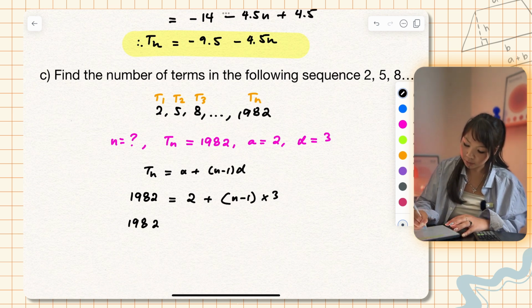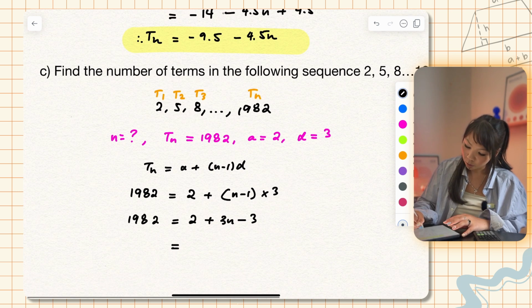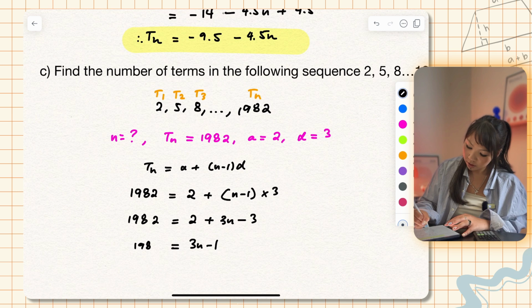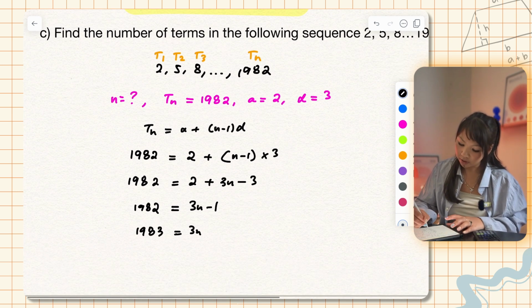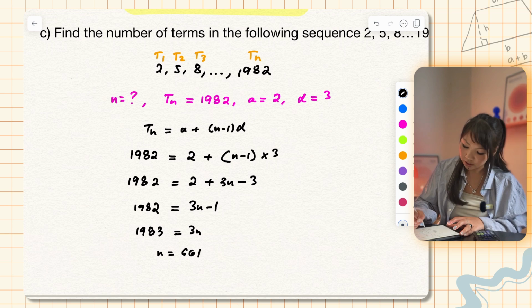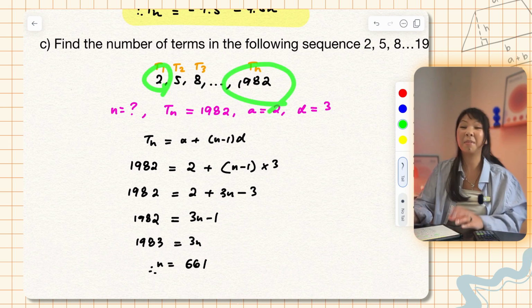Now if we expand this, we get 2 plus 3n minus 3, or we get 3n minus 1. So if I add 1, then divide by 3, we get 661. Now that might seem very large, but honestly, think about it. We started with 2 and we ended up at this number.